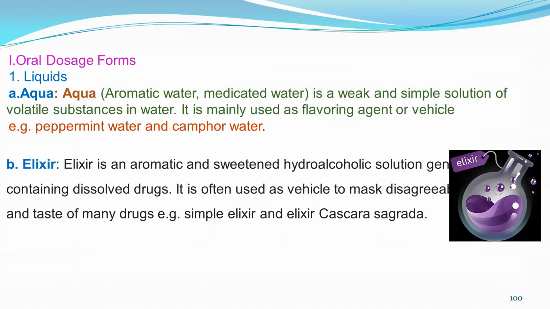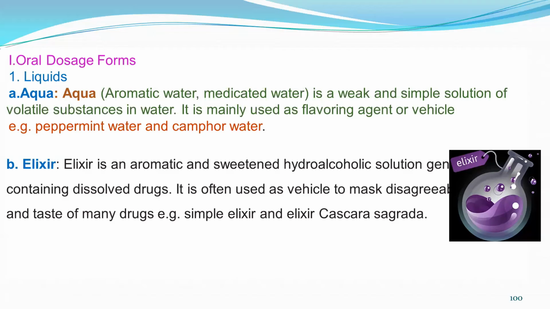Aroma means a good odor or fragrance, or it is also a medicated water. Aqua is a weak and simple solution of volatile substances in water. Volatile means evaporative substances. It is mainly used as a flavoring agent or vehicle. Examples are peppermint water and camphor water.